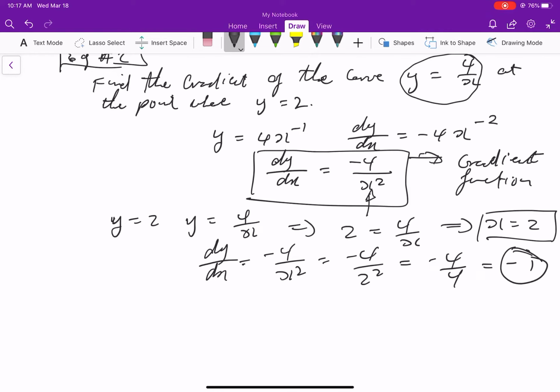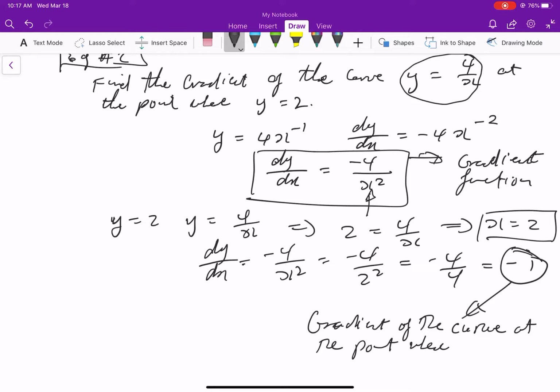So this minus 1 is the gradient of the curve at the point with coordinates 2, 2.